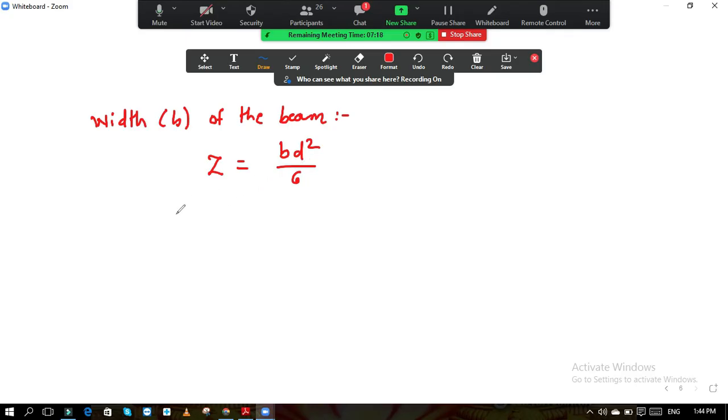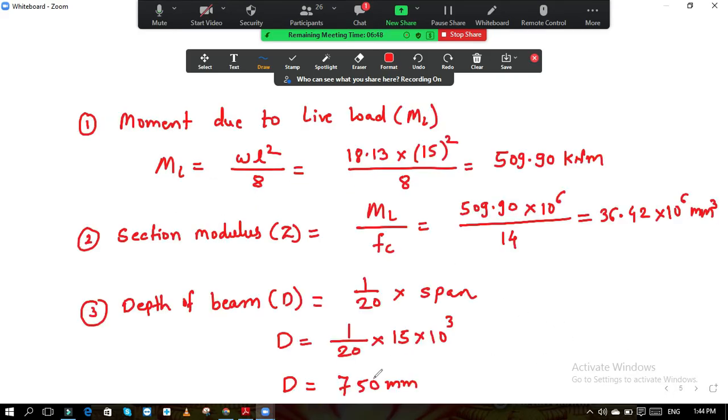We know the value of Z. It is 36.42 into 10 raised to 6, which is equal to b into d square by 6. So what is the depth now? This depth that we have calculated, 750 mm, is the depth.